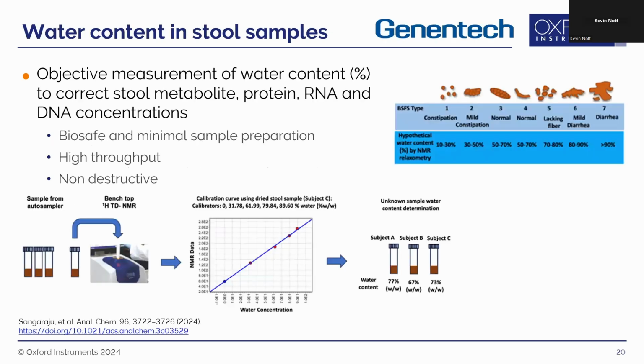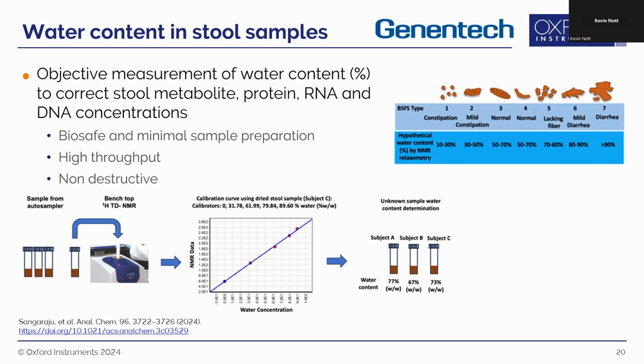It's also possible to measure a wide range of water contents in other samples. For example, we recently published a paper with Duaka Sangaraju and Kenji Kurita from Genentech, where we used time domain NMR to measure moisture in stool samples. Currently the moistness is assessed by the Bristol stool form scale, hypothetically from less than 10% to over 90% water content.